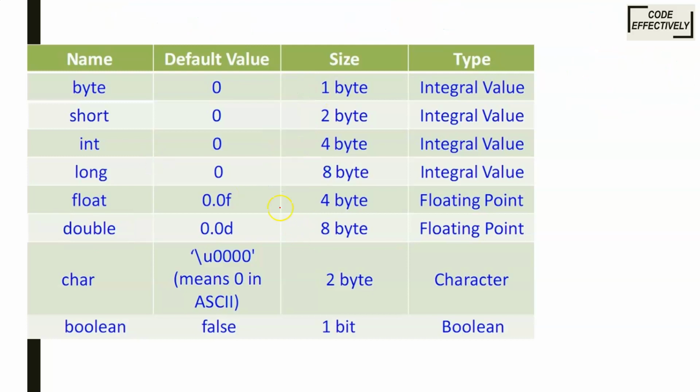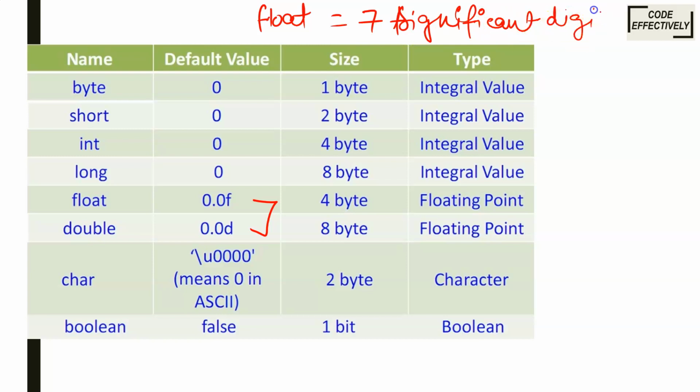This is how we store simple data in our computer in bytes. Now let me tell you again about float and double. Float can store 7 significant digits after the decimal. And double can store 15 decimal places.